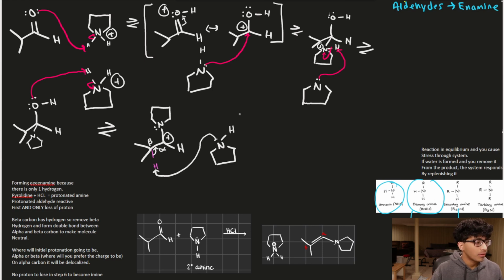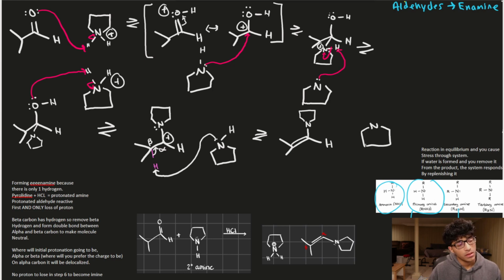Now we form an enamine. Just like the alkene is an ene, we have the enamine, and this should be the answer. And we have to reform the catalyst. So that's really it.